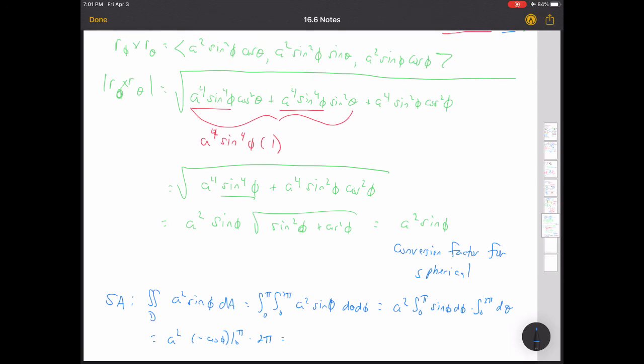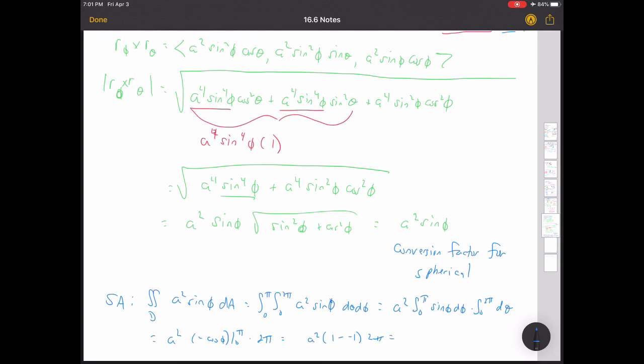So what we have is a squared. Plugging in pi for cosine, we get negative 1, so that's 1. Minus, plugging in 0, we get minus 1. And then times 2 pi.